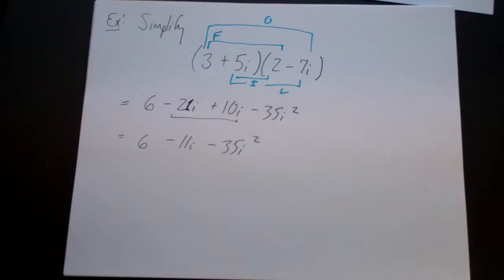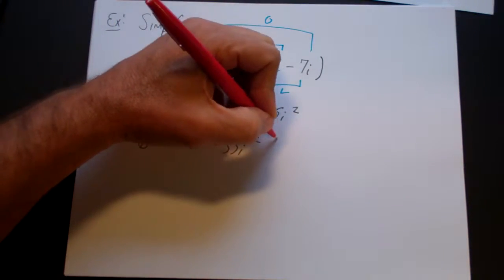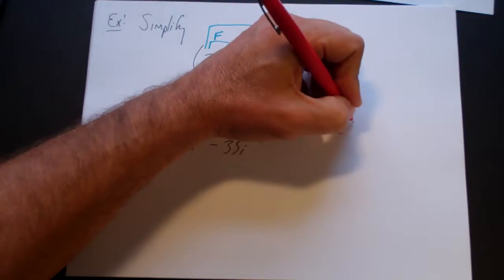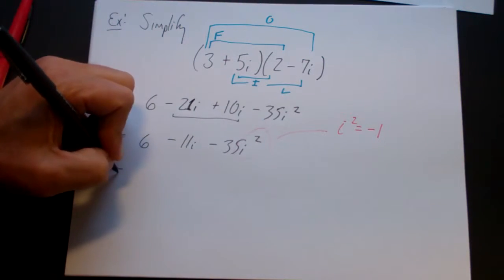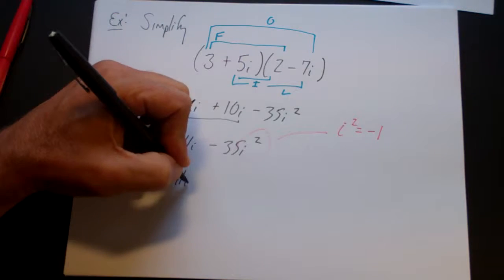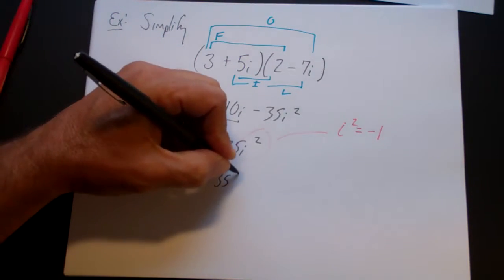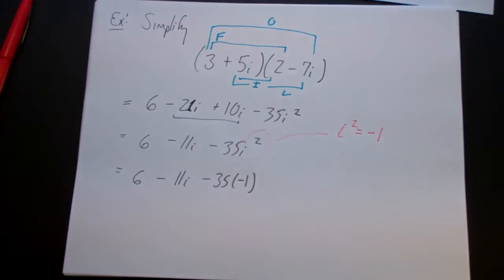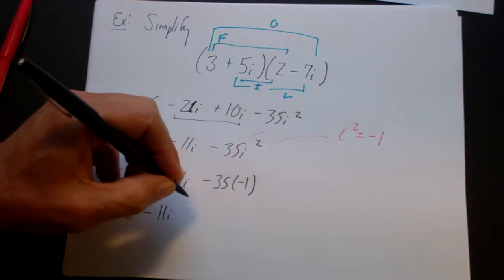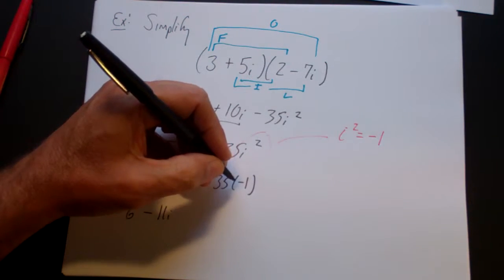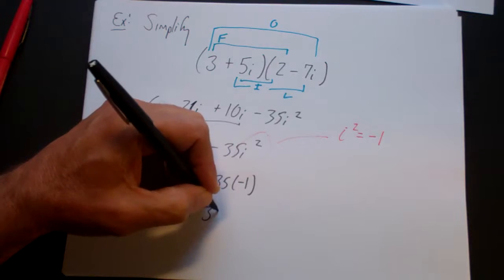But notice we have an i squared, and i squared is equal to a minus 1. So you have 6 minus 11i minus 35 times minus 1. That's going to be 6 minus 11i. A negative times a negative is a positive, so that's going to be a positive 35.